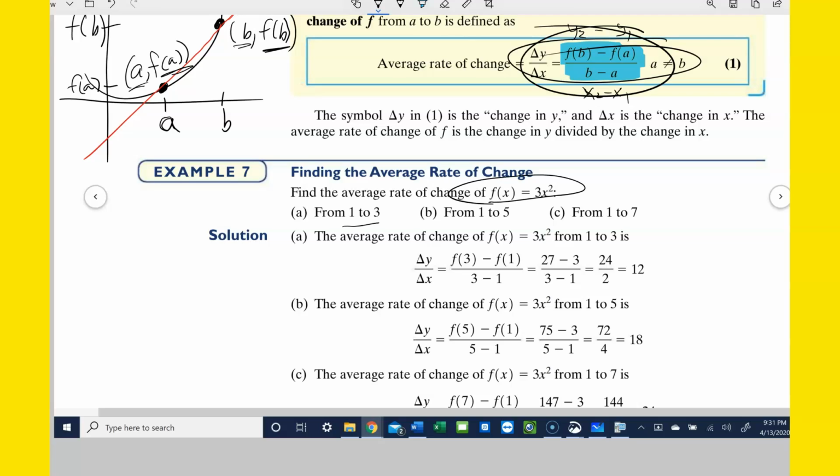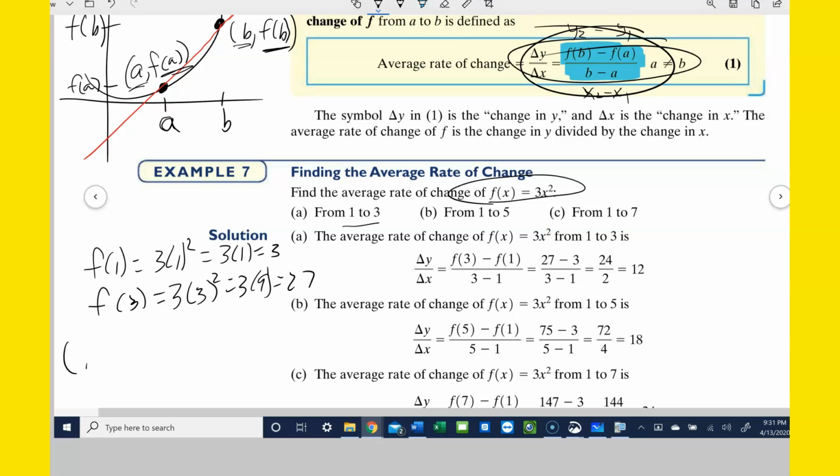So example 7, find the average rate of change of this parabola. Part A is from 1 to 3. So all we do is we find the 2 points. F of 1 would be 3 times 1 squared, which is just 3. And f of 3 is 3 times 3 squared, which is 3 times 9, which is 27.